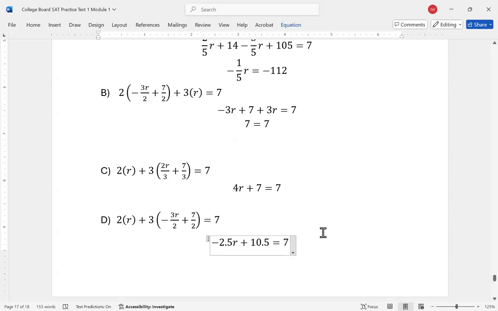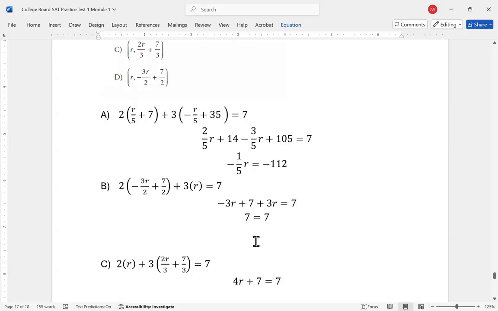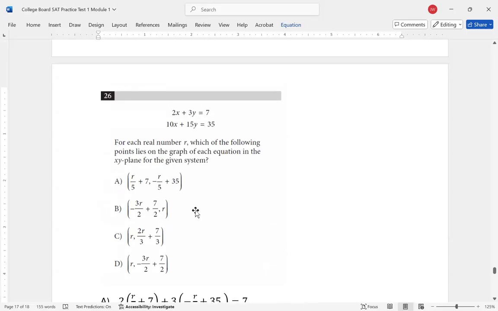And that's obviously not true for all values of r either. So A, C, and D are not true for all values of r. B is true for all values of r. And so all points that look like point B are solutions to this system of linear equations. So B is the correct answer.